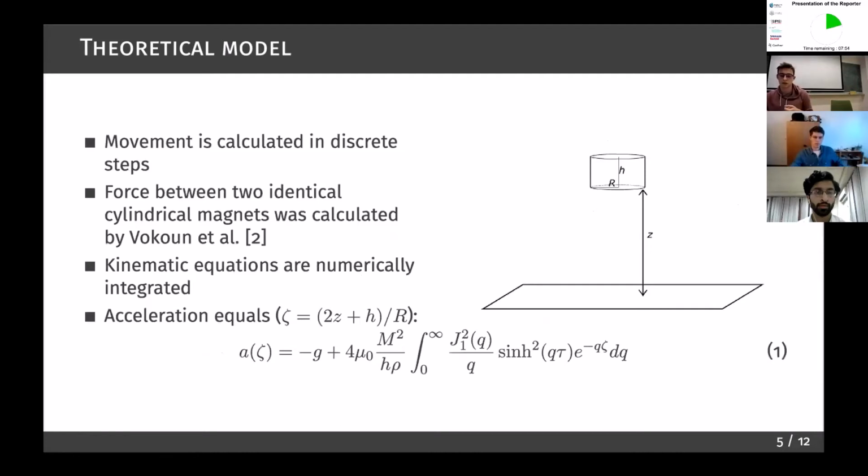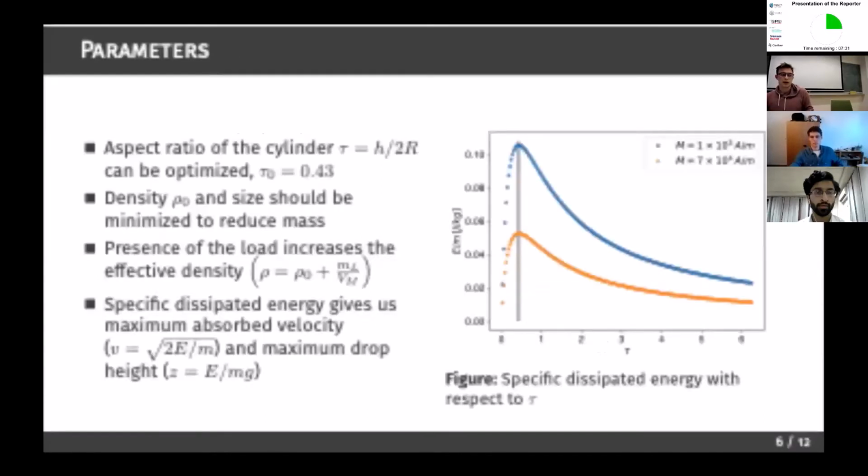We used the equation for the force between two identical cylindrical magnets that was calculated by Vokun and others. We numerically integrated the kinematic equations, using the equation you can see on the screen for the acceleration with respect to the parameter zeta.